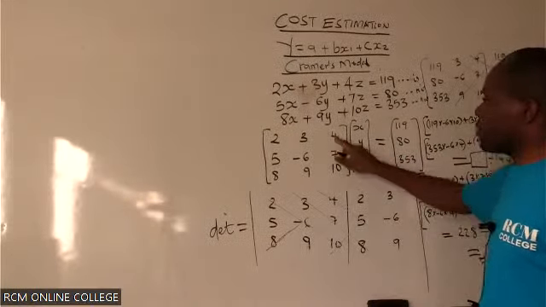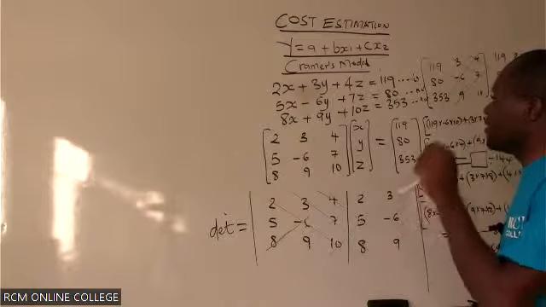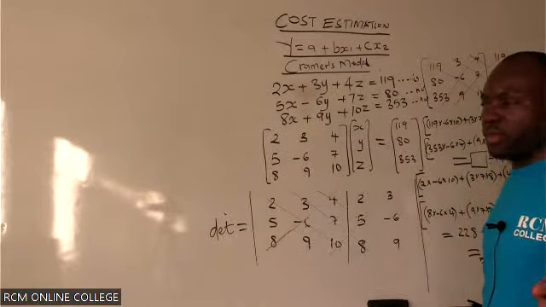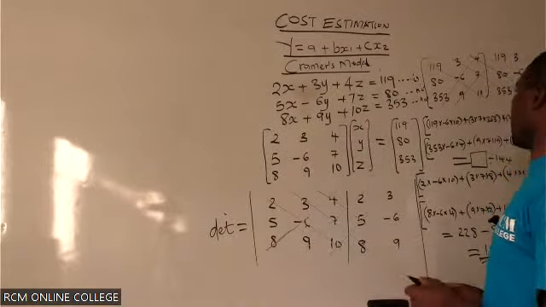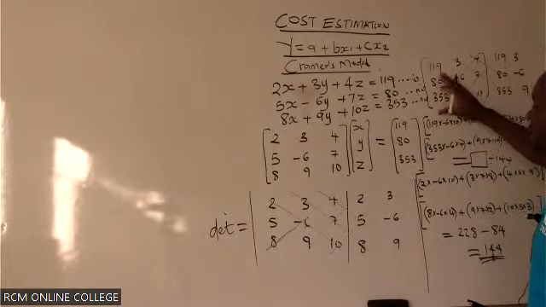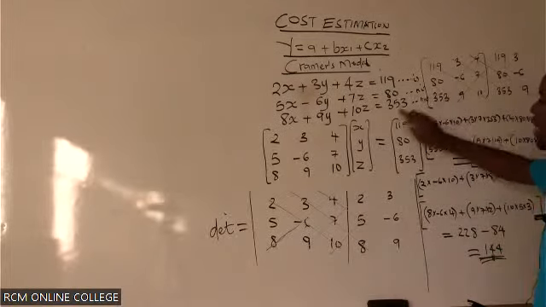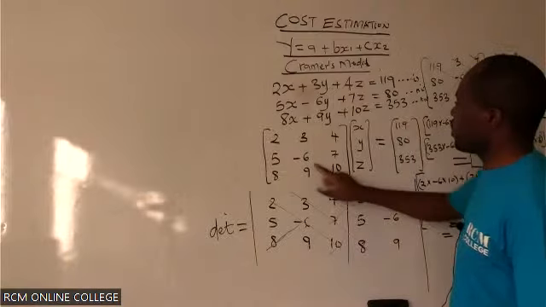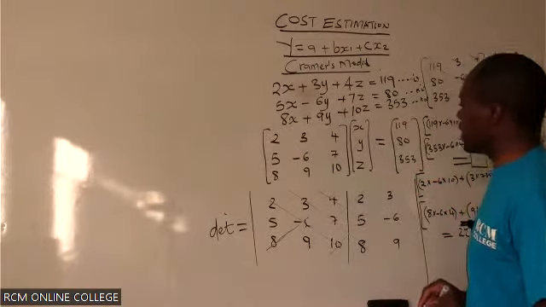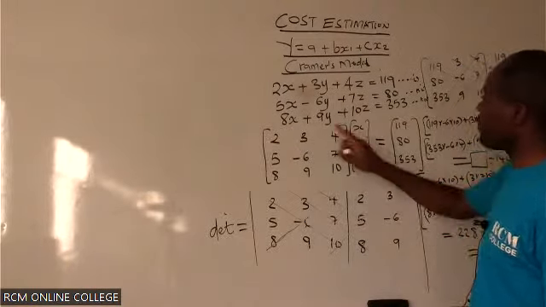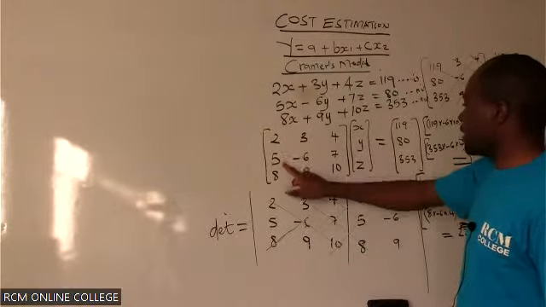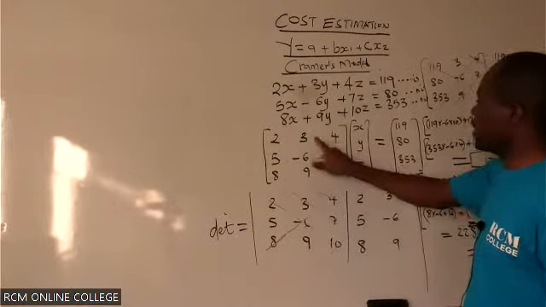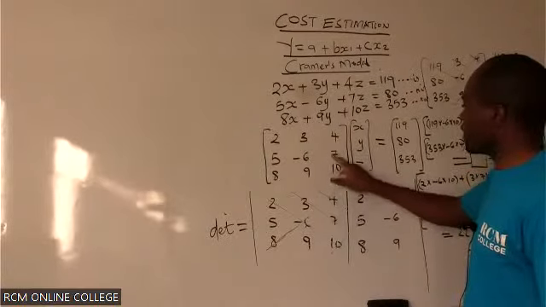If I bring it to replace the third one, it will give me the value of z. This is the simplest formula, of course. So when I come to this part after getting the determinant, I will use this to replace this one here. Which matrix am I going to have? I'll be having 119, 80, 353, 3, negative 6, 9, 4, 7, 10.